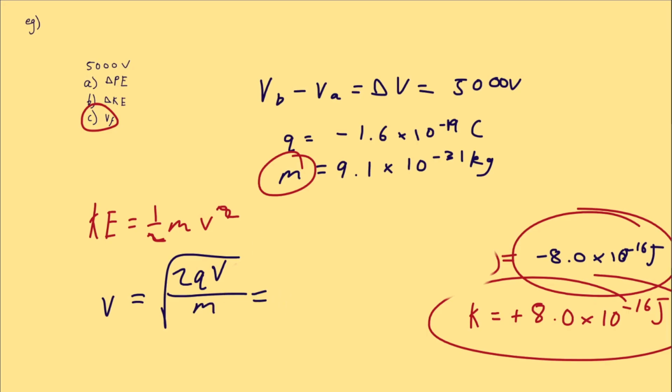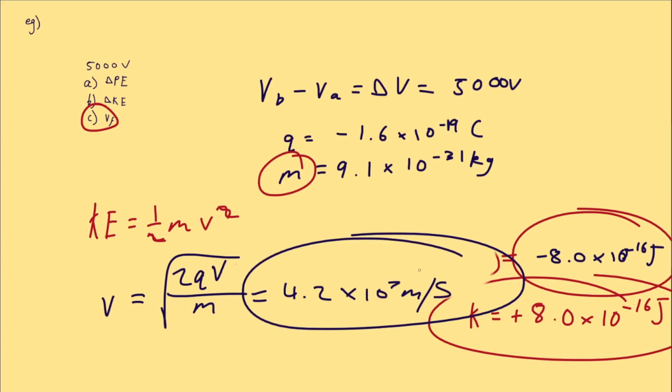Plug in our values for charge, which is negative 1.6, blah, blah, blah. Voltage is 5,000, mass is 9.1. And your answer is 4.2 times 10 to the power of 7 meters per second. That's what the final speed of your electron is. That's over 10% of the speed of light.